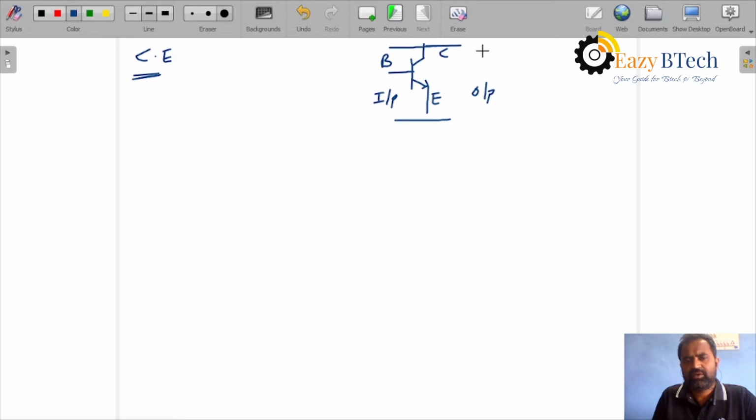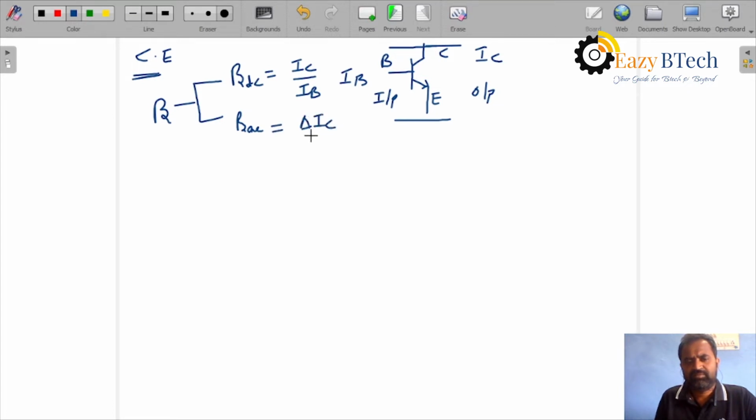Here the output is collector current IC and the input is base current IB. Now beta is the factor for common emitter. We represent beta DC and beta AC. Beta DC is output current IC by IB, and beta AC is change in IC by change in IB.